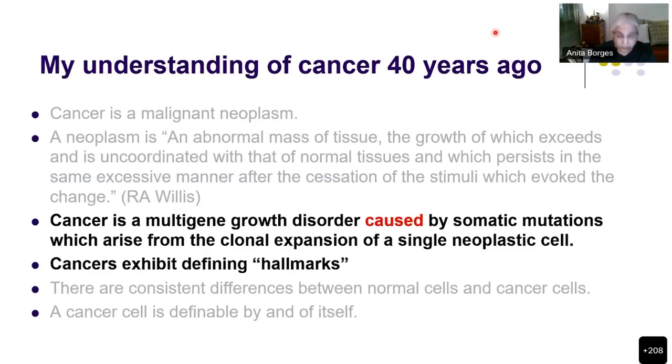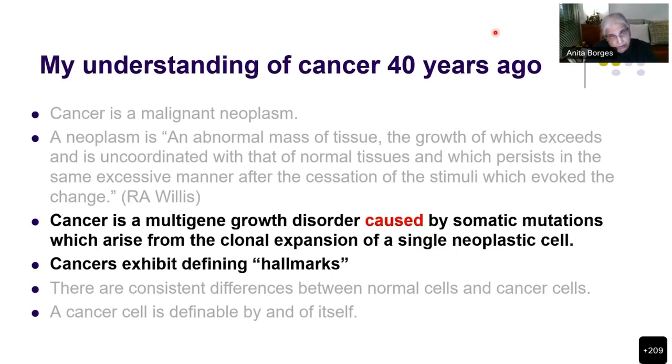But we have to examine, and we did examine the last time in neoplasia part 1, what cancer was, and we said it was a malignant neoplasm, and we also talked about the deficiencies in the definition of what a neoplasm is. And I cannot repeat it now because it would just take too much time.